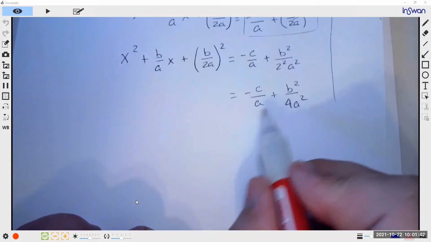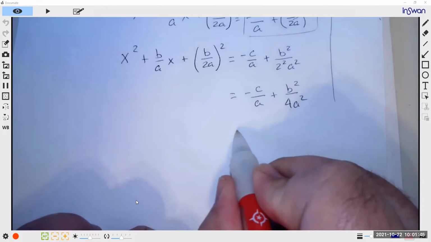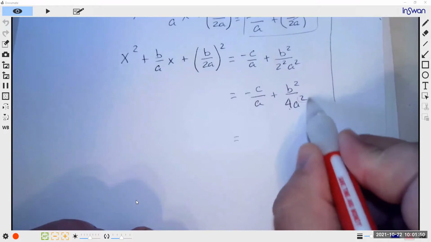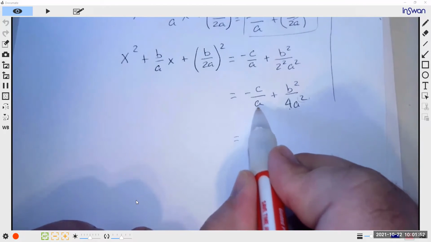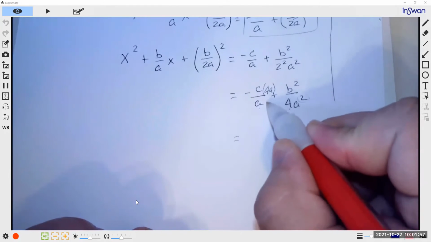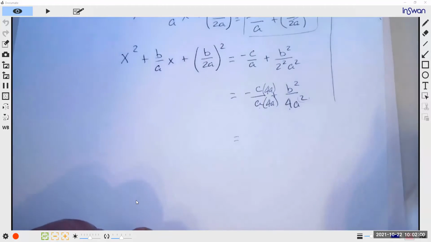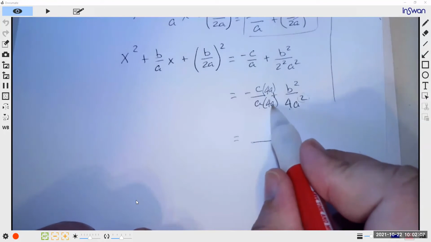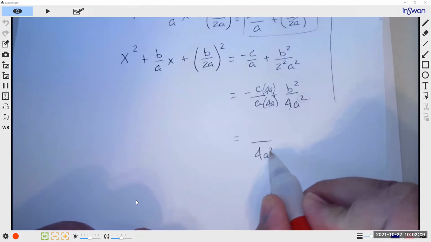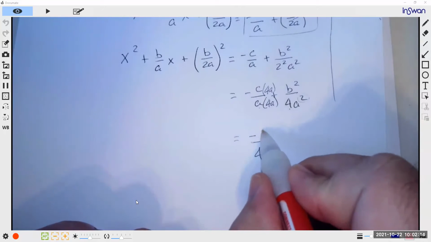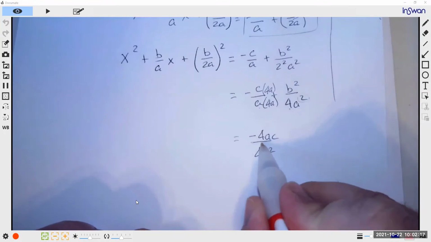Now to add these two, we have to have a common denominator. This one has 4 and 2 a's. This one only has 1 a. So here we have to multiply top and bottom by 4a. 4a times a is 4a squared. 4a times c is 4ac, negative.